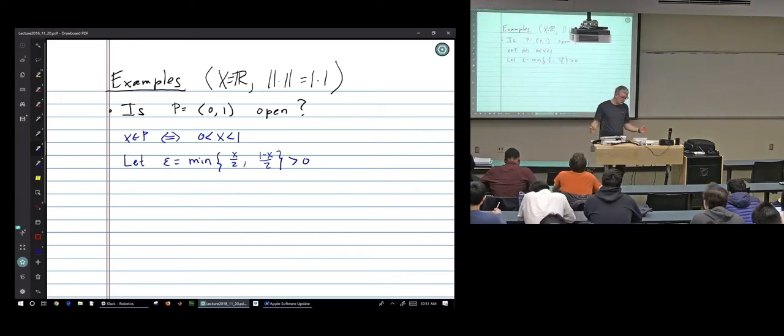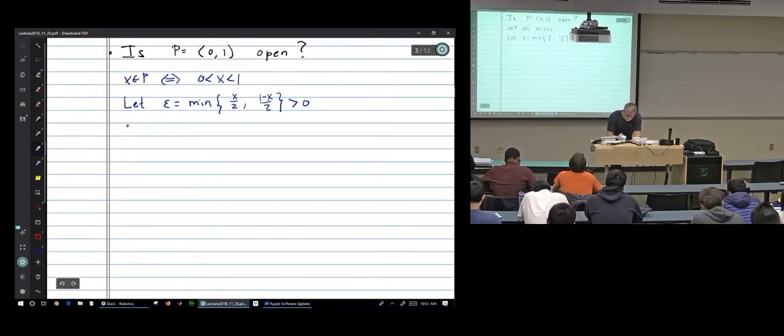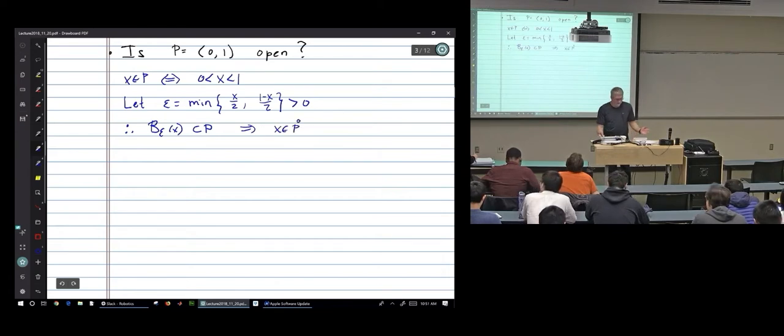And divide by 2, it's still a positive number. Then we can check that the ball of radius epsilon about x is an element of P. Okay. That says x is in the interior of P. So P is indeed open.